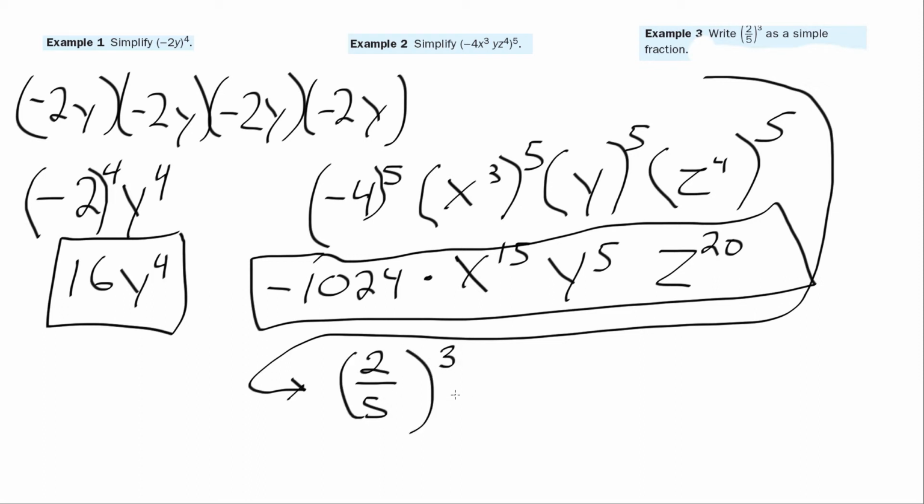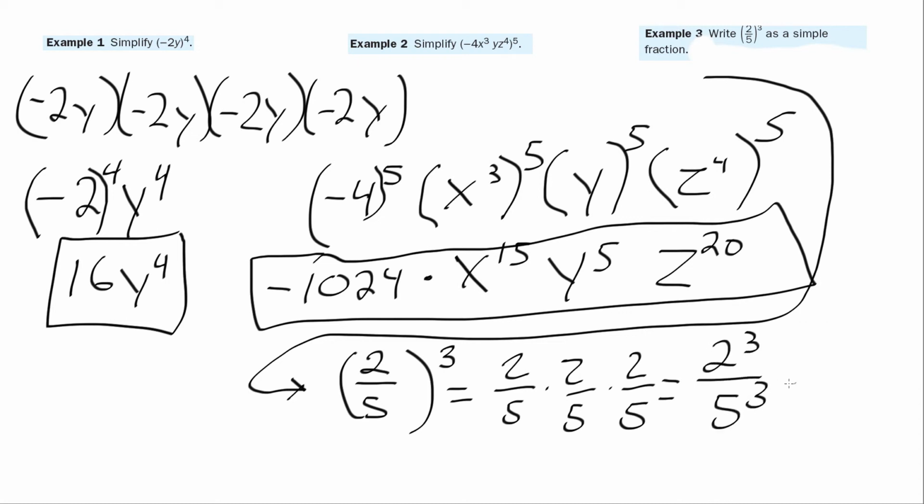And remember that is equal to 2/5 times 2/5 times 2/5, which is 2 cubed over 5 cubed. And that's going to equal, see, 2 cubed is 8, and 5 cubed is 125. So 8/125 is my answer to example 3.